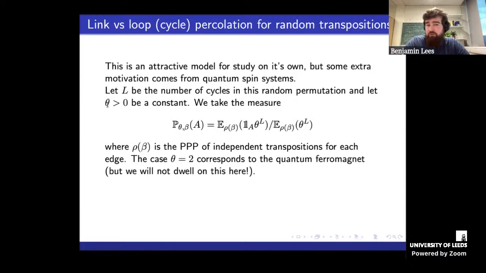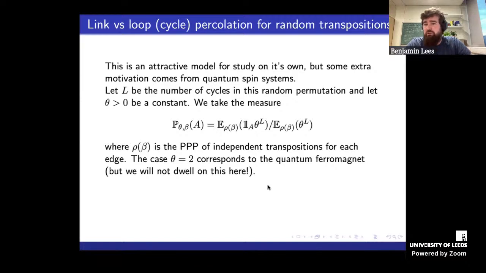And for some strictly positive constant theta, we'll take the measure, which is the underlying Poisson point process of independent transpositions for each edge, but we'll tilt it by a factor of theta to the number of loops. So for example, if theta is very, very large, every time we have an extra loop, we get a whole extra factor of theta.